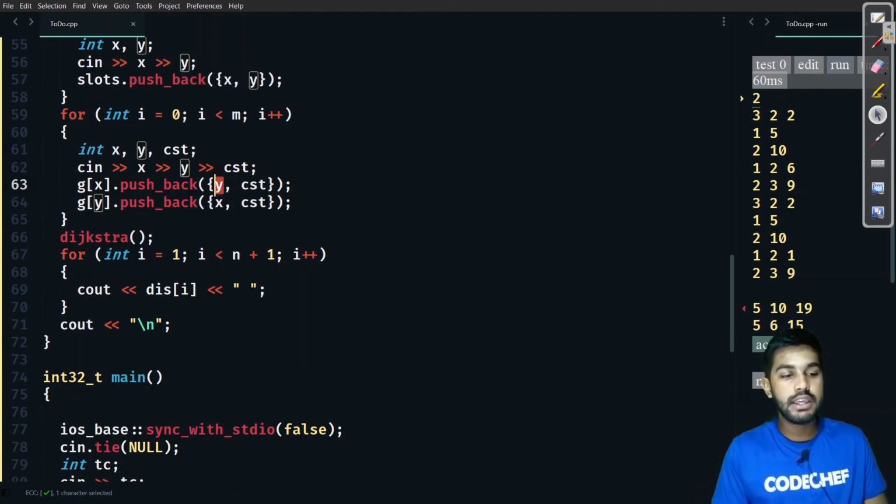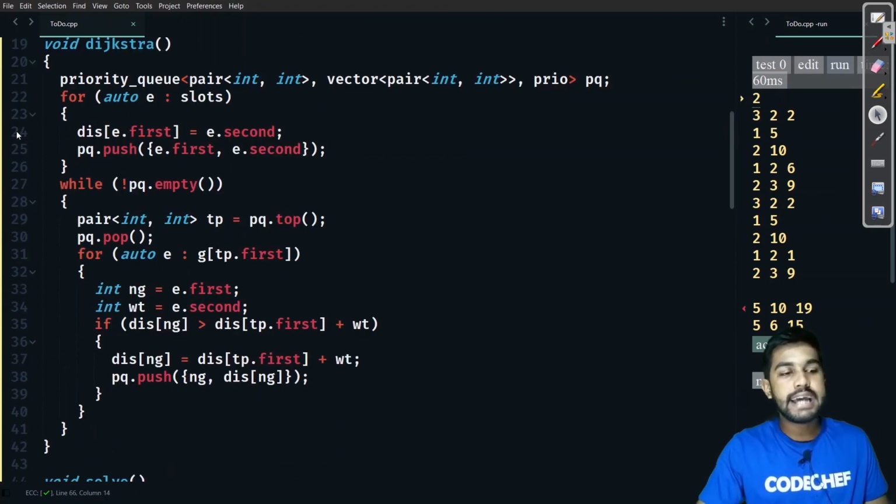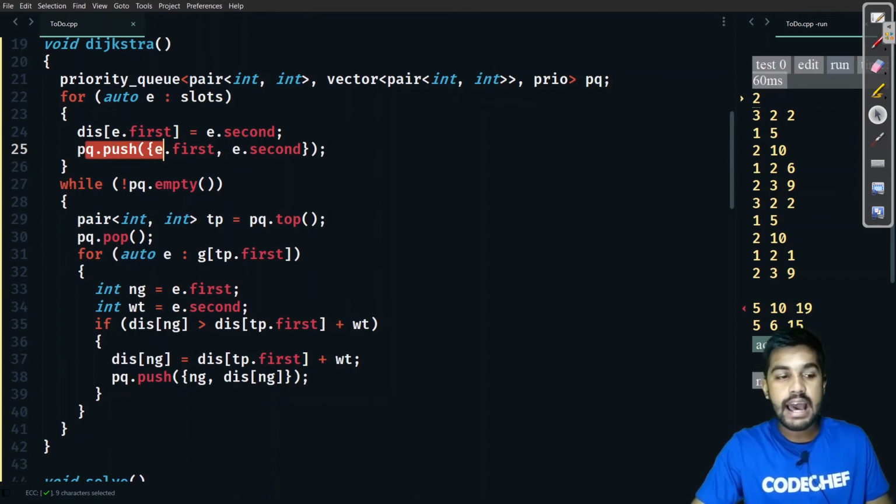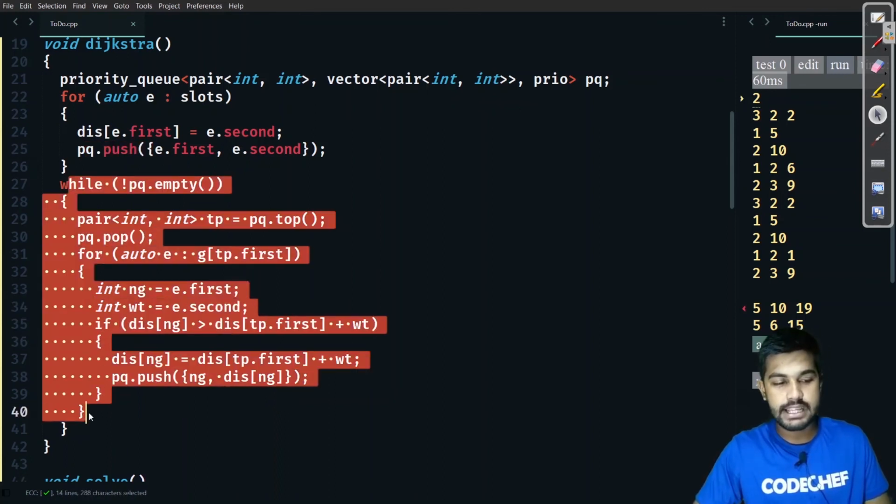Then we are running a function named Dijkstra. In Dijkstra, at first we have declared a priority queue, then we have pushed all the eligible candidates. Who are the eligible candidates? The eligible candidates are the ones declared in the slot vector. So we are pushing all of that, and then we are running a simple Dijkstra.